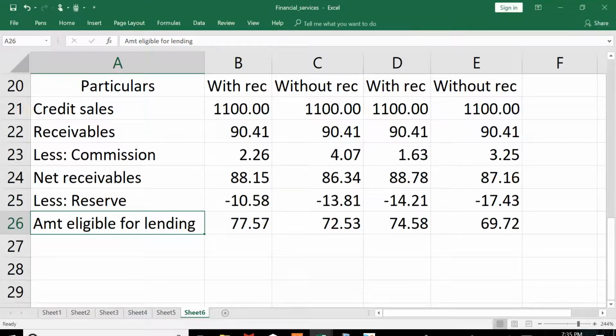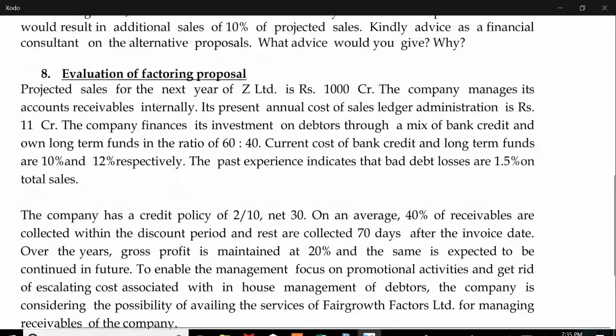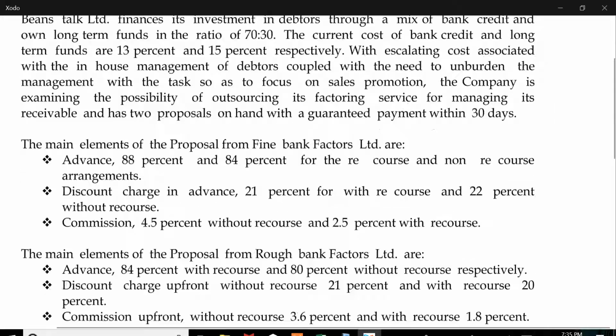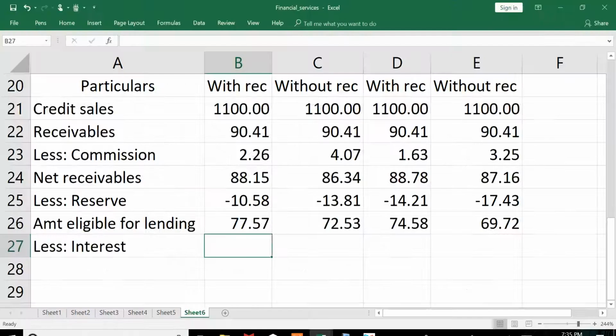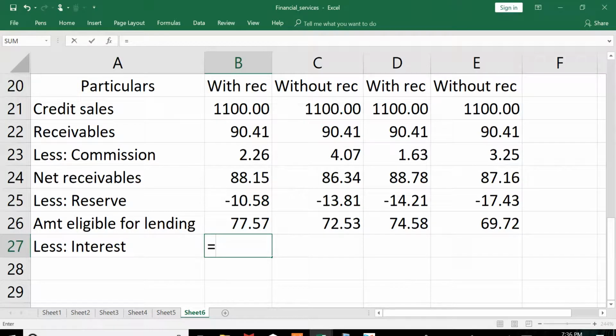After amount eligible for lending, we are going to get something called less interest. That interest is the discounting charge for 30 days into 365. Interest is your discounting charges. This into 0.21, into 30 by 365.